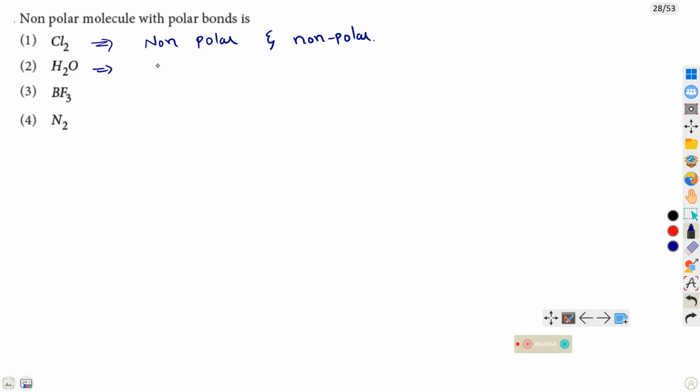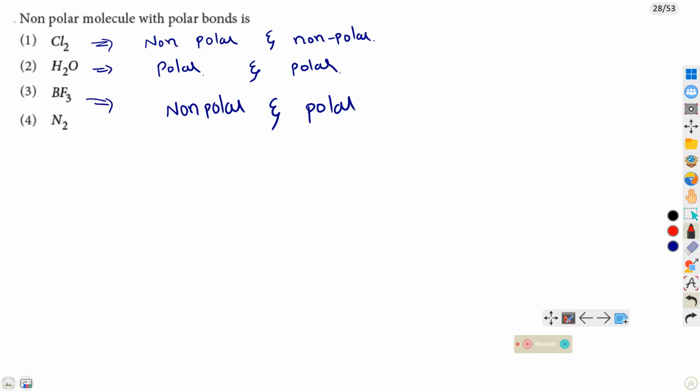H2O dissociation is possible like H plus and OH minus, polar, and in the bonds electronegativity difference is present. That's the reason this is also polar. BF3 is a non-polar molecule and it contains polar bonds.